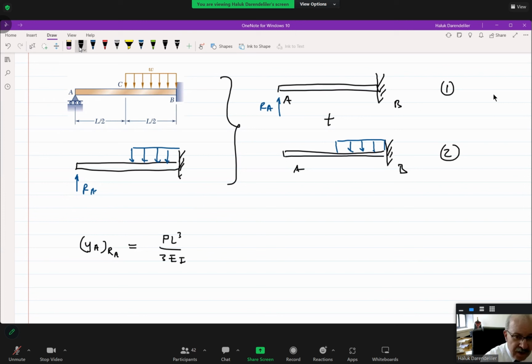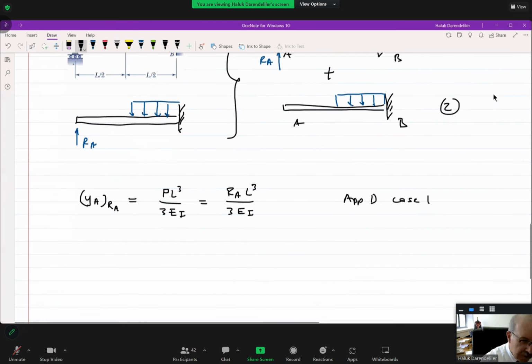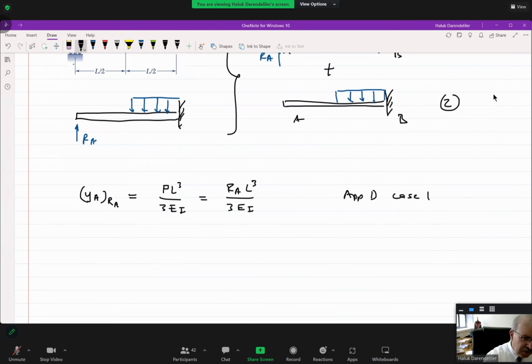If deflection is upwards, it is positive. Now, for our case, P is equal to RA, L is again L, and EI. The length is L. So, this is Appendix D, Case 1. Clear? Okay. Now then, what about the deflection due to W?